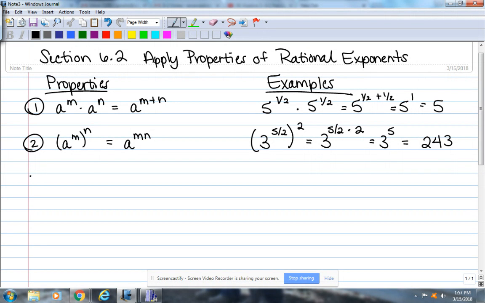Okay, another exponent property. If we have stuff in the parentheses, here's ab to the m power. What do we do if we have more than one variable inside parentheses? Yeah, you give the exponent to both of them. So this would be a to the m power times b to the m power.